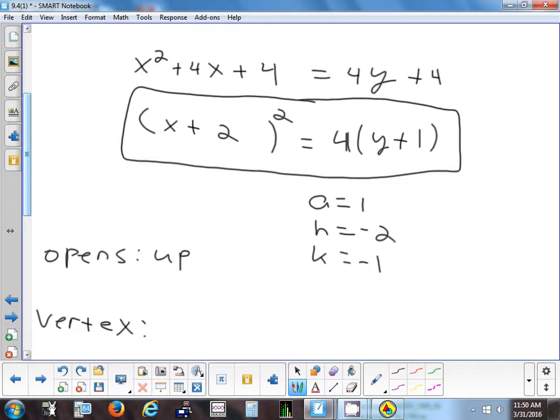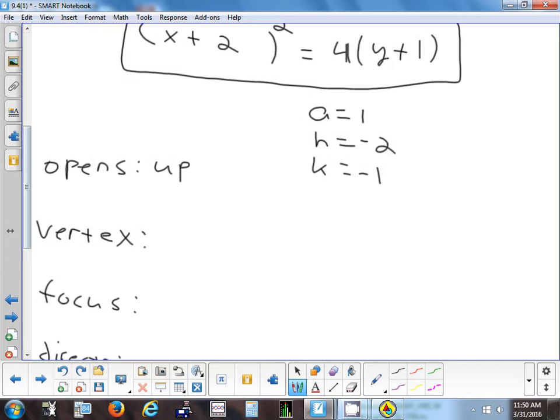Okay, so for a parabola opening up, our vertex is (h, k). (-2, -1). Okay, our focus is (h, k plus a). So what is our focus? (-2, what?) 1.